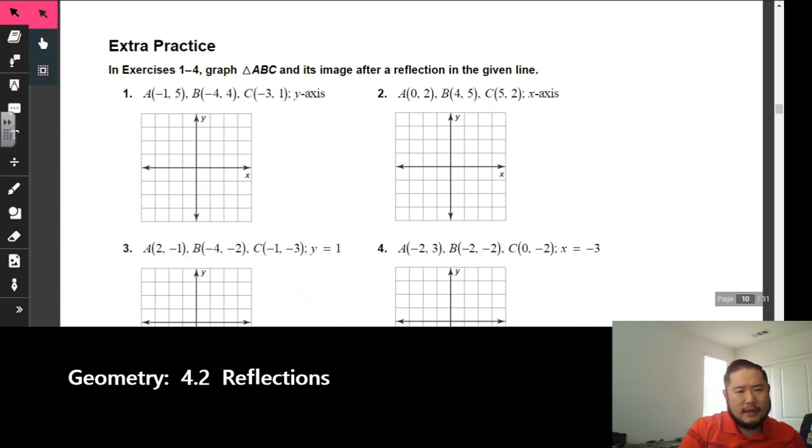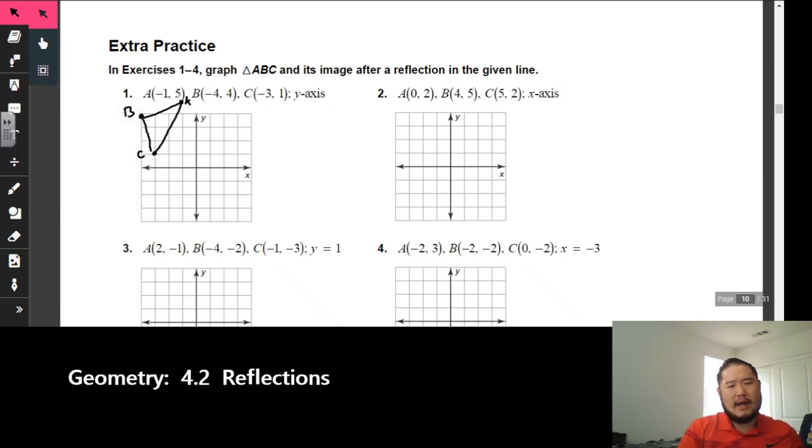If we make it fit, it'll be a little bit off the grid. So there's A. We have -4, 4. We have B. And then -3, 1. Right there, there is C. So there is our pre-image.